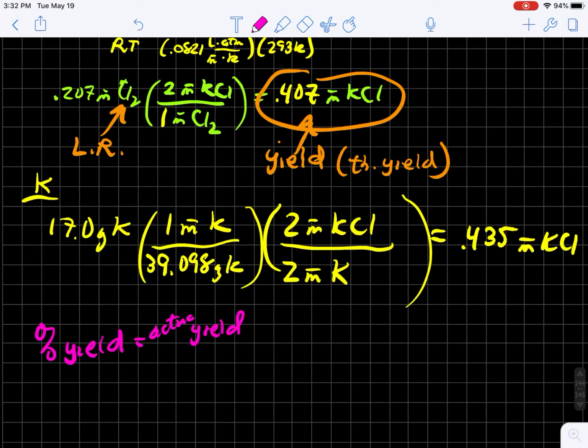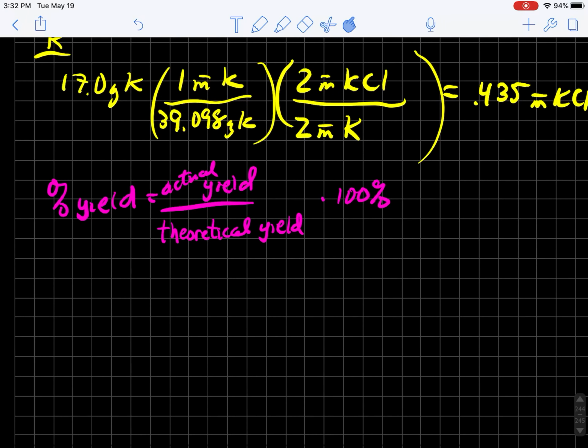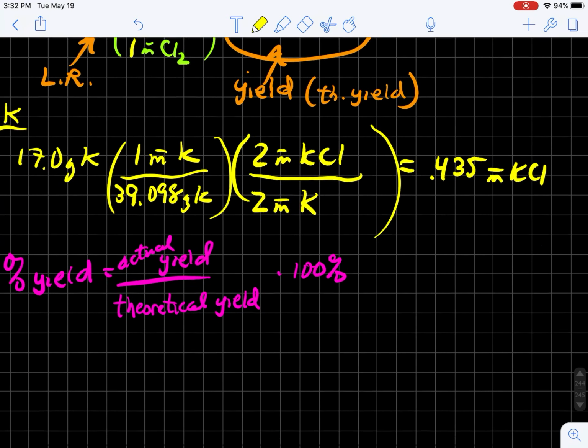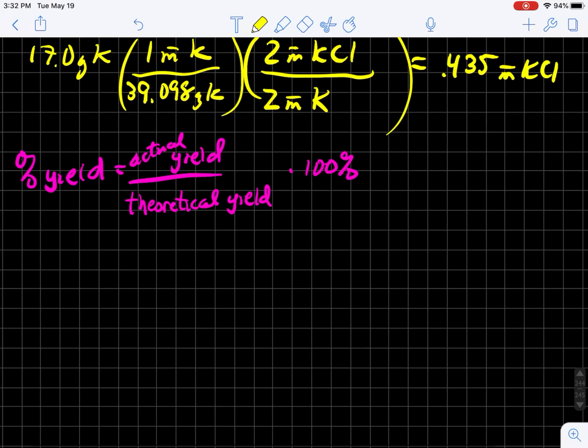Actual yield divided by theoretical yield times 100%. And so now I can substitute in. Well, let's see what our actual yield is. We said that our yield is 0.407 moles.